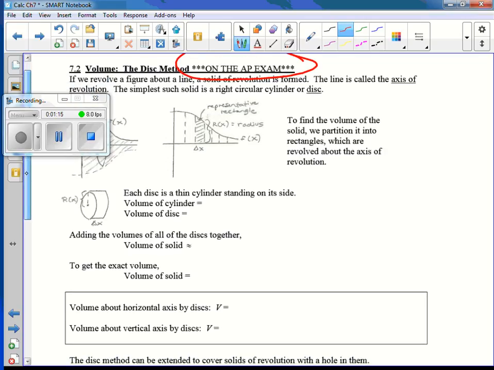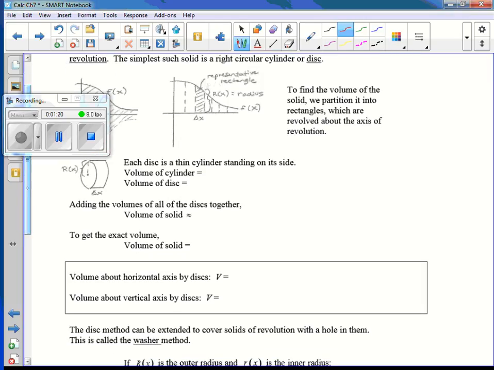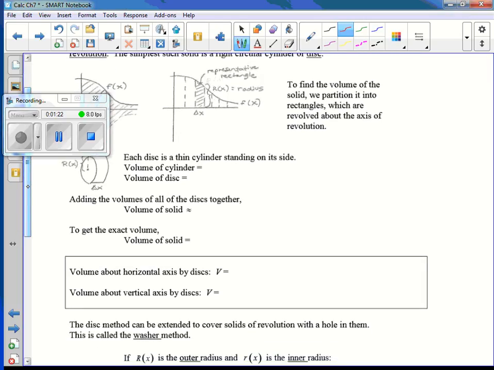All right. So to find the volume of the disk method, also the washer method, first let's start off by finding the volume of a cylinder. If we use basic geometry, the volume of a cylinder is just pi r squared times its width.